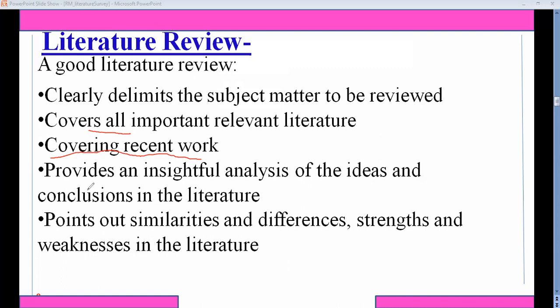Then, it provides clear insight. I have not written that here, but this word is very important. It provides clear insight, analysis of ideas, and conclusions made by the people.